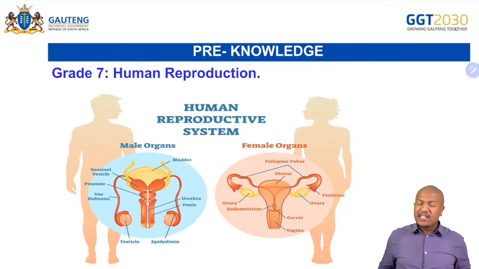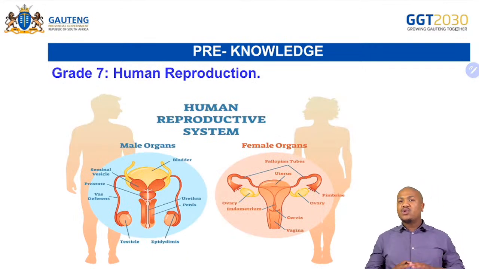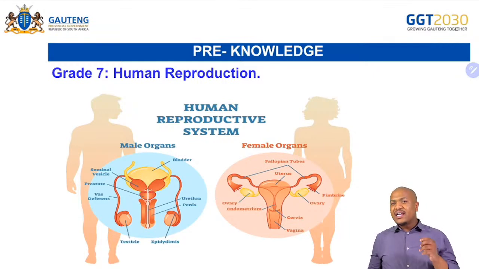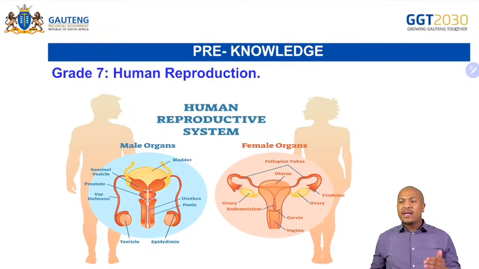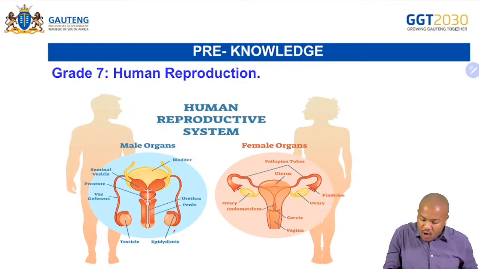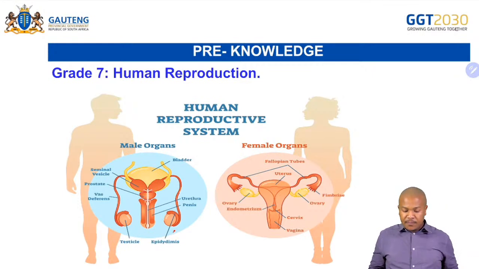Moving on, let's look at our pre-knowledge, which is what we have done in the previous grades and which lays a foundation for today's topic. In grade 7, we discussed human reproduction and highlighted some of the organs that make up the human reproductive system.